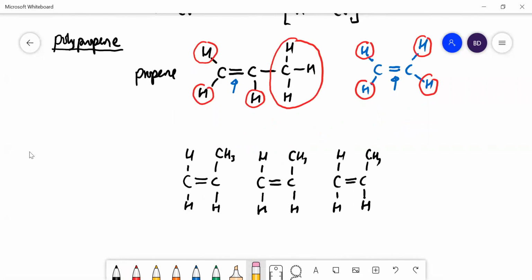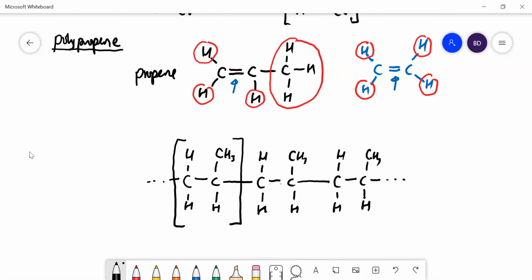Again, it's an addition polymer, so you break the double bond and you form a new bond between these two carbons, new bond there, and that's sort of going to carry on forever. Right, and the repeating unit, well, we draw the square brackets, would be that. So it's every other carbon is going to have one of those CH3 groups on it, and the rest is all hydrogens. And again, polypropylene is a bit stronger than polyethene.